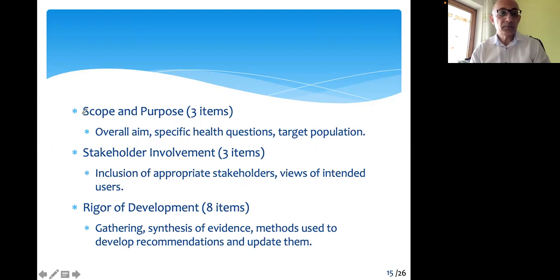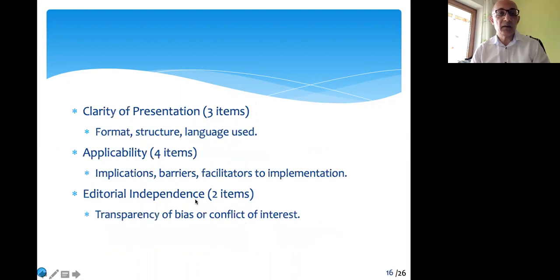Now these different domains. Under the domain scope and purpose, we have 3 items: overall aim, specific health questions, and target population. Under stakeholder involvement: inclusion of appropriate stakeholders and views of intended users. Rigor of development: gathering and synthesis of evidence, and methods used to develop recommendations and update them. So you see there are different numbers of items under each domain, and they sum up to 23 at the end.